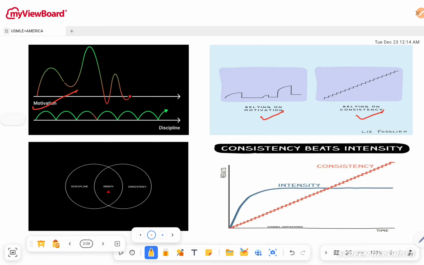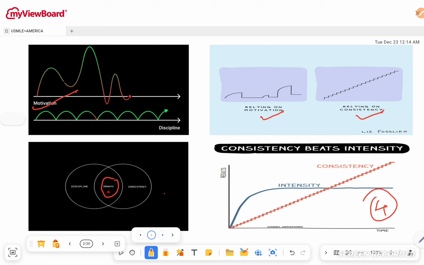The third graph talks about how we can have growth along with discipline and consistency. If we have discipline and consistency, then surely we'll have growth in our life. The fourth graph shows intensity and consistency.